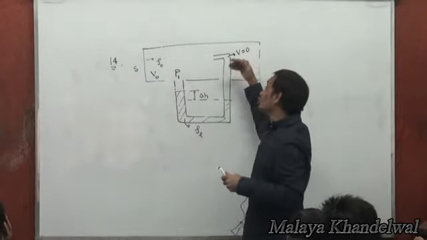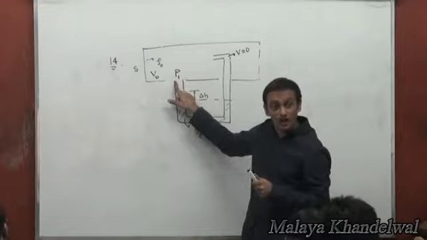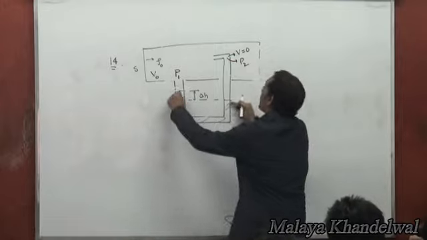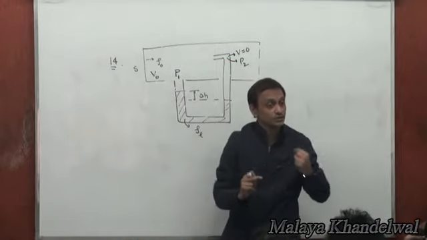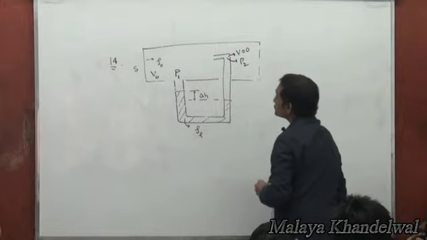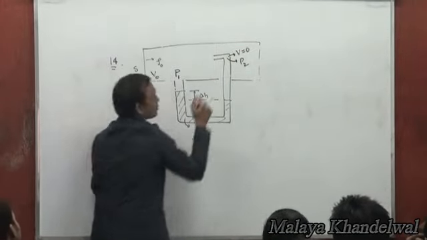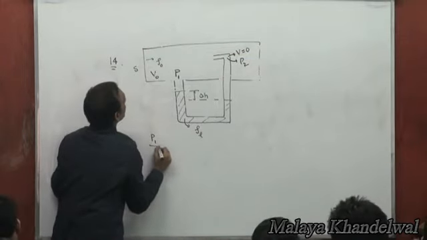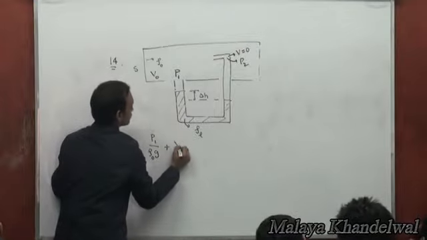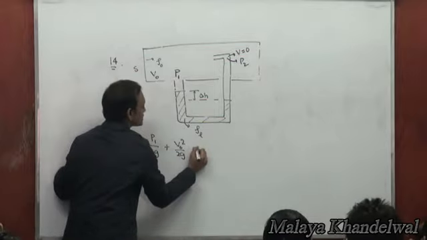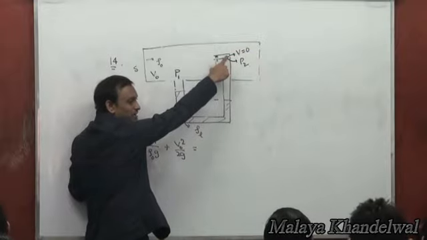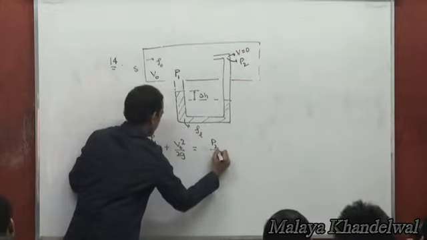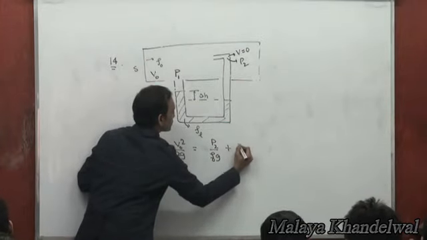So the dynamic head becomes 0, and the pressure here becomes larger than the pressure there. So the pressure here is, let's say, P2, which would be larger than P1, accounting for the difference in heights in the two limbs, right? So between these 2 points, if I apply Bernoulli's theorem, then P1 by rho naught G plus V naught squared by 2G, G is the same, and the dynamic head is 0 here, is P2 by rho G plus 0.